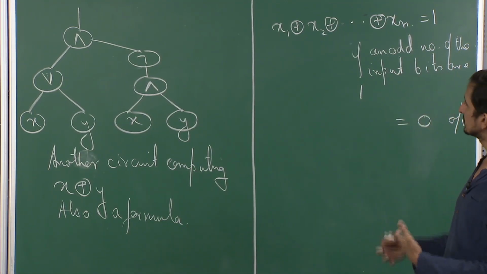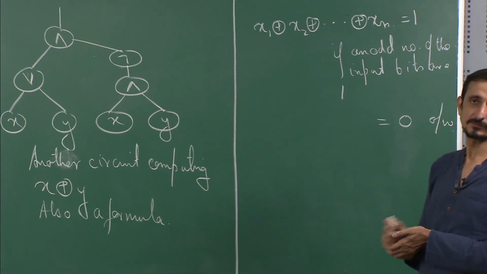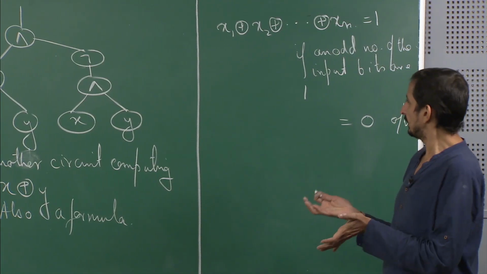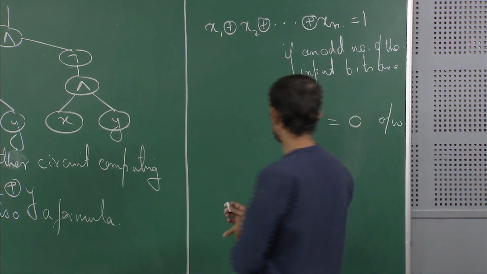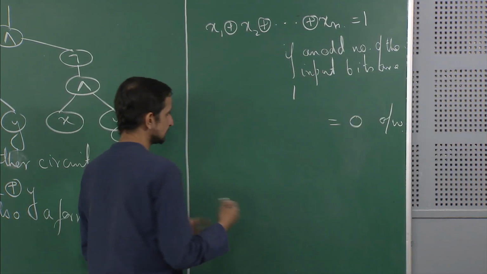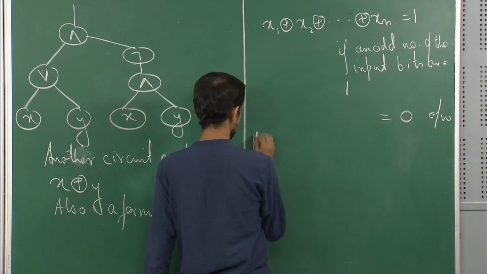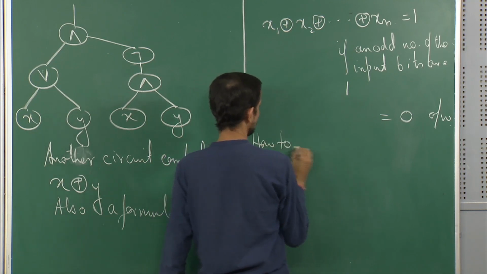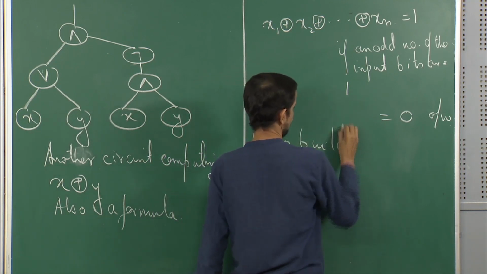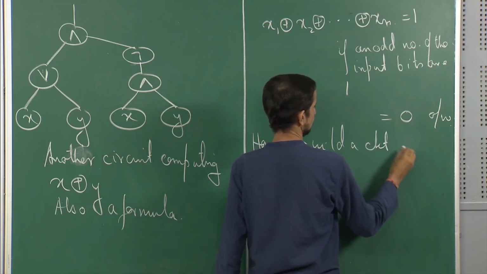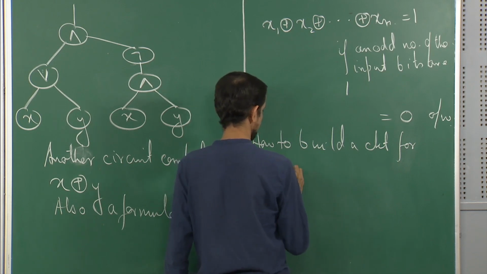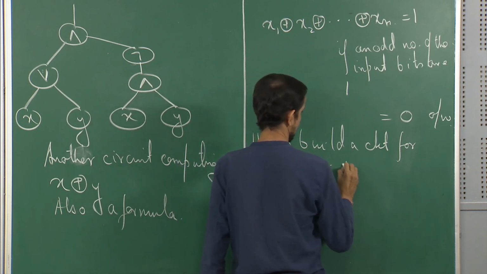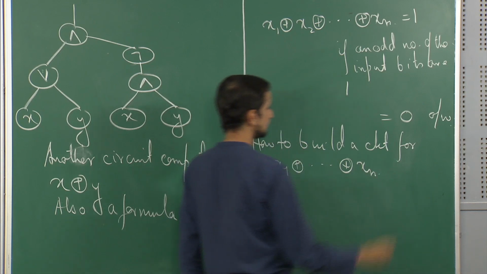Now, how can I build a circuit for the generalized version? One way to define this is through induction. So, how to build a circuit for this function?